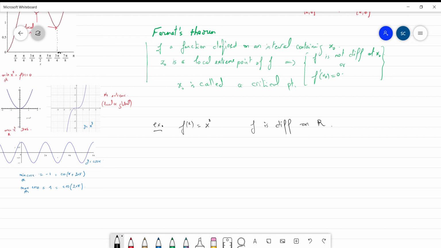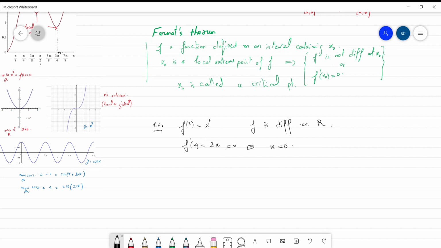So let's solve f prime of x: 2x equals 0 if and only if x equals 0. So I found 0, and we see that 0 is a local minimum. We saw it from the graph.